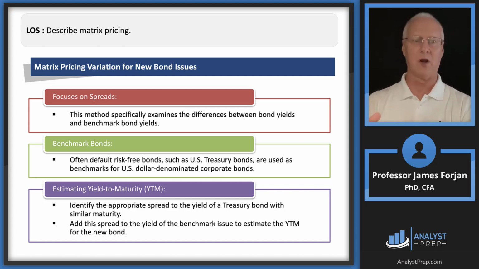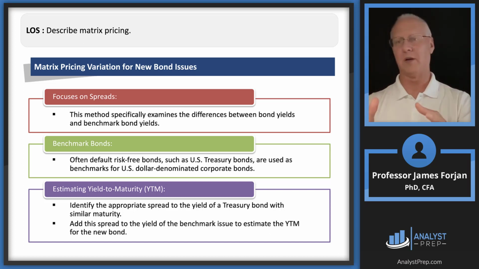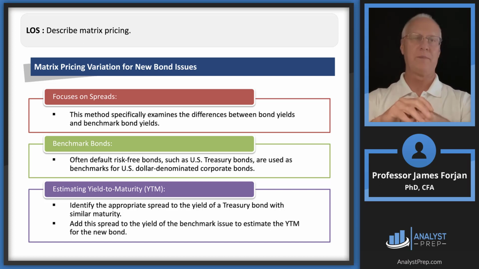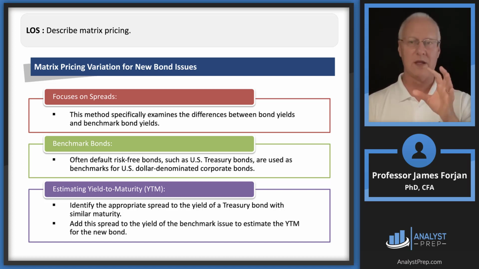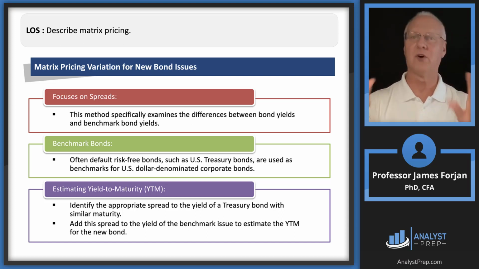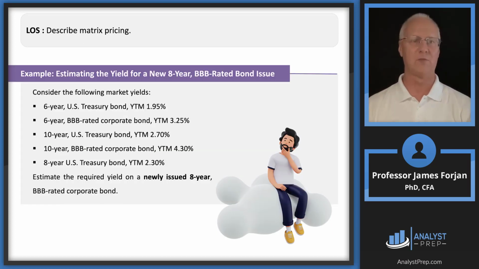Remember, we can have a benchmark government bond like a U.S. Treasury bond, or we can have a benchmark bond which might be one of our competitors. The benchmark might be a composite of yields of several of our competitors. And so all we're doing is focusing on the difference between the yield to maturity on our bond and the yield on some kind of a benchmark.